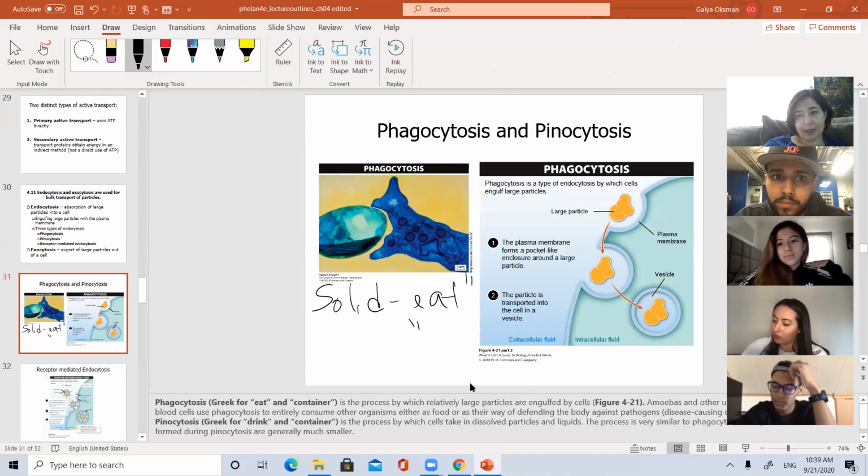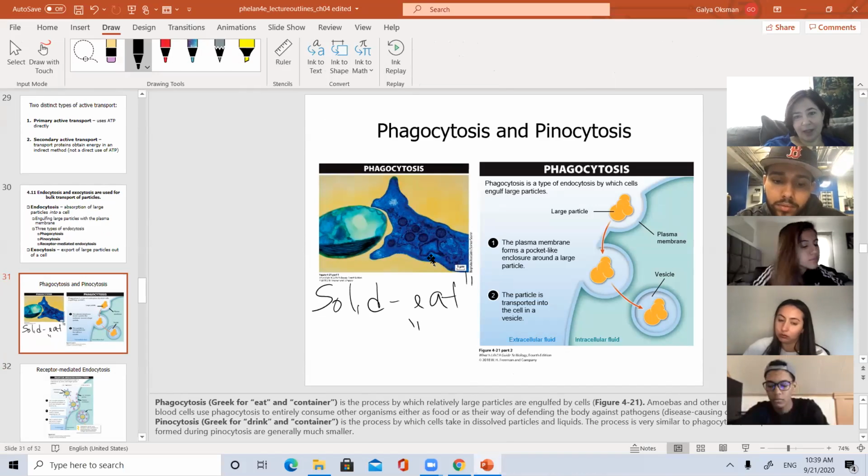In this picture, you see a white blood cell taking in germs. That's how your immune system works. It works through literally eating, feeding on germs.